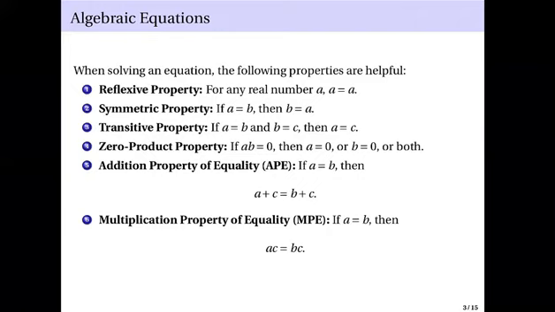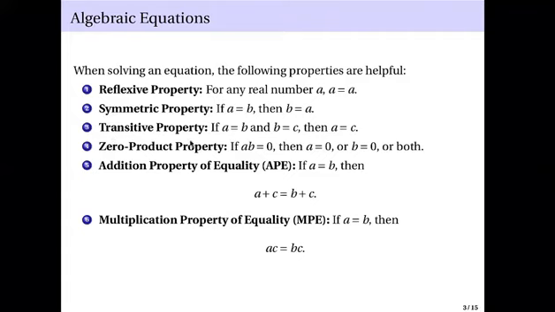So A, Alice, B, Bob. Alice is a sibling of Bob, and then that means Bob is a sibling of Alice. So if we use the equality to represent that sibling relation, you can think of that symmetric property that way.